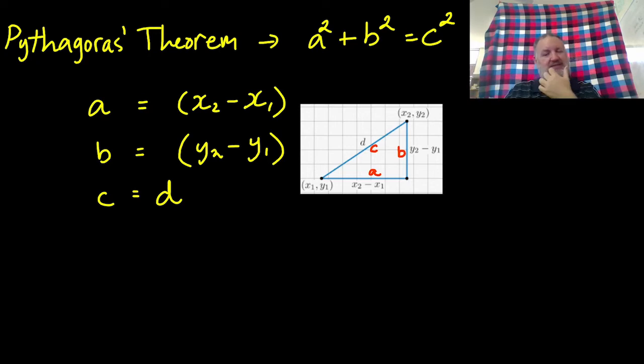That's our points. Okay, so we know that there's an A, a B and a C. The A distance in this little drawing is really the distance between this x1 point and this x2 point. Now I know you might be thinking, but the x2 point's right up there.